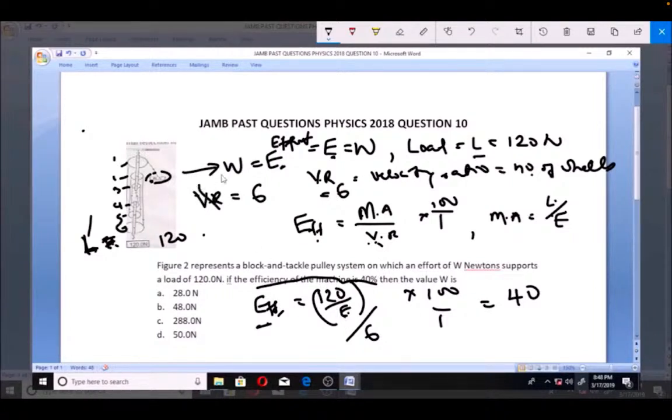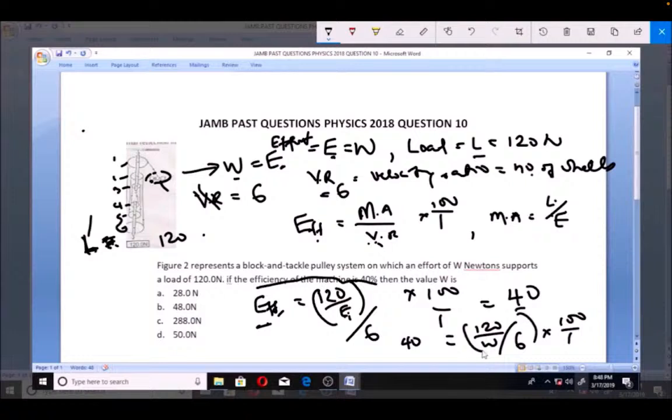And we know that E is the same thing as W. So we now have 40 equal to 120 over W. In place of E, we are putting W because it told us that the effort is W newtons. So all this all over 6 times 100 over 1.